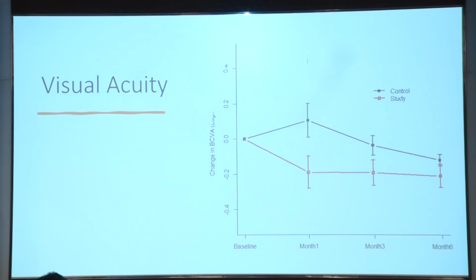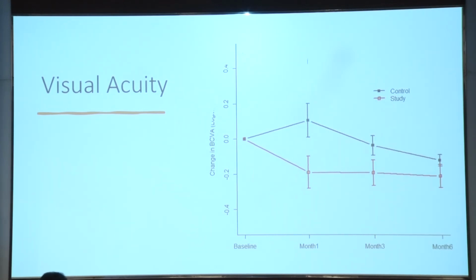If you look at this graph of visual acuity, you can see the control group on the top, and the red line is the study group with the dexamethasone implant. There is a worsening of the visual acuity compared to where you start off in the control group where we did not give the dexamethasone implant, and then gradually the vision improved over 6 months in those eyes.